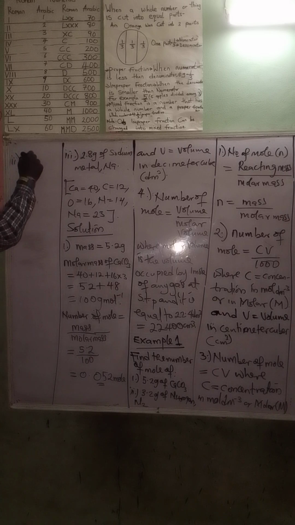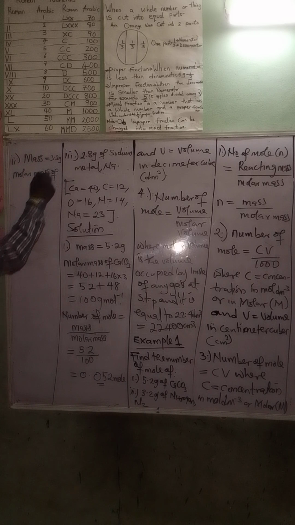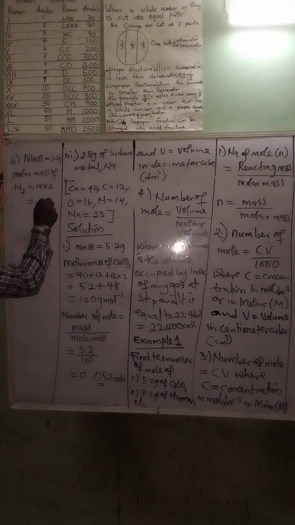Number 2, our mass is 3.2 gram. And molar mass of nitrogen is 14 times 2. Don't forget, you have to consider the atomicity of this element. Elements whose names end in gene, their atomicity is 2. So it is 28 gram per mole.